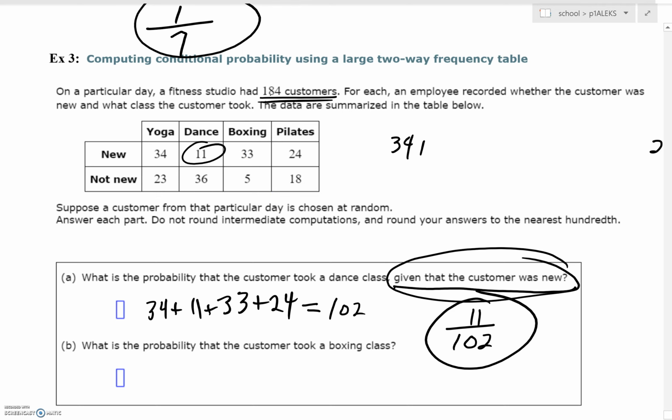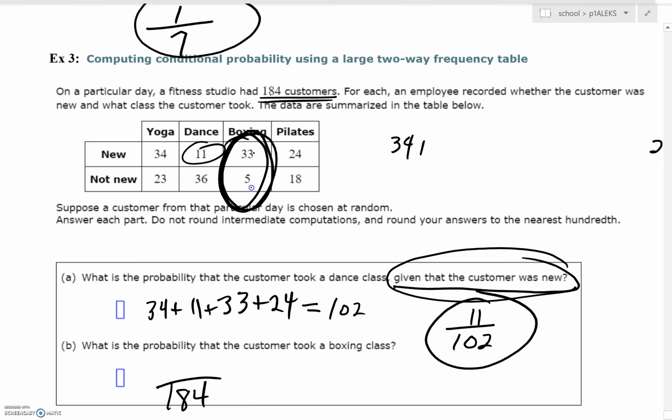So let's just say that you want to find, for part B, the probability that the customer took a boxing class. Look, now you've got 184 customers, new and returning. You've got everybody. You're not told that you have a new or a not new customer. It could be anybody. And the boxing, well, wow, we've got to be careful here.